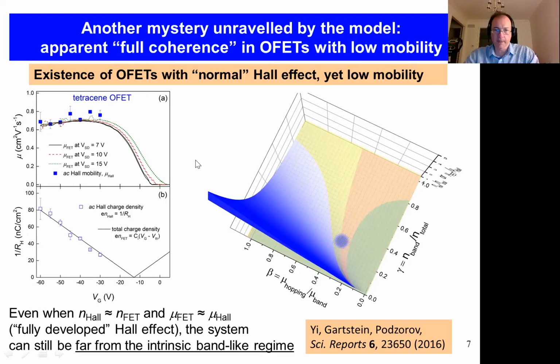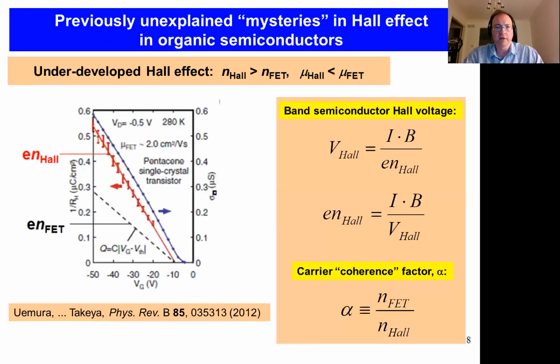So, in order to really tell apart these two situations, the one like in tetrazine and the truly band-like system such as rubrene, one needs to do other measurements, including, for instance, the temperature dependence of the carrier mobility.